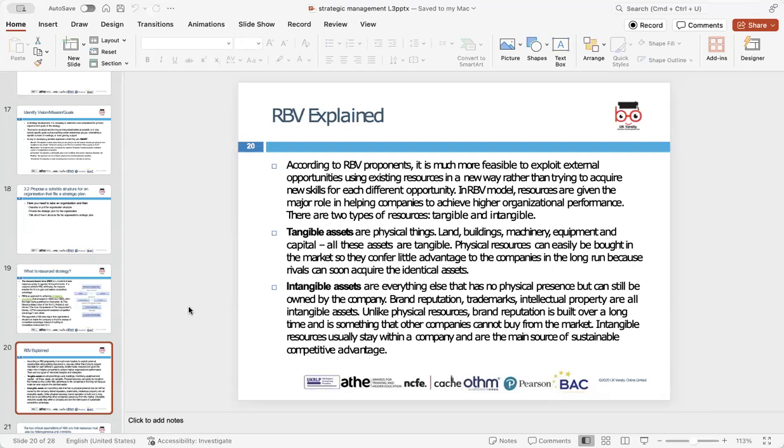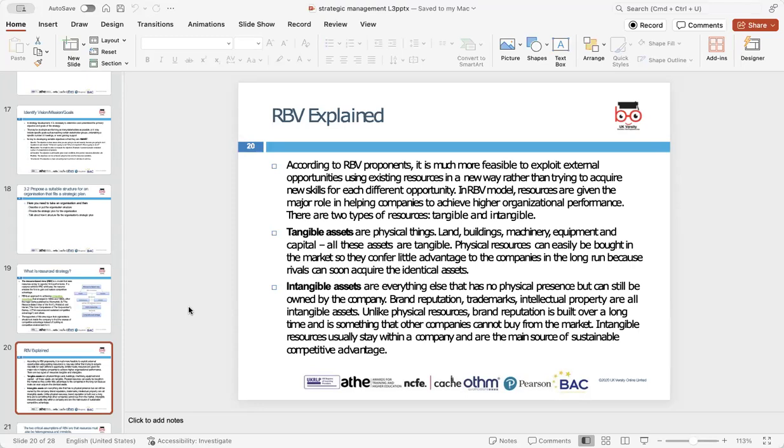Tangible assets or resources are physical assets like land, machinery, and equipment. Intangible resources are things like goodwill and intellectual property. Goodwill means brand reputation. They are built over time and cannot be easily copied by competitors.